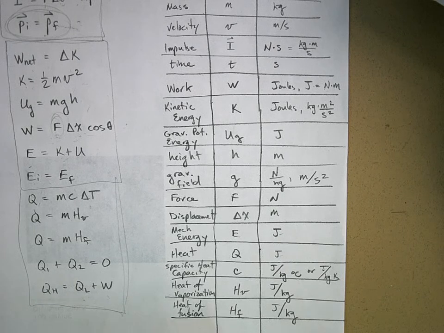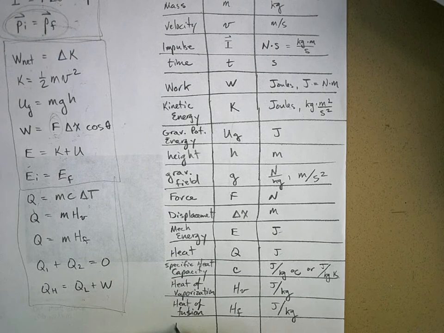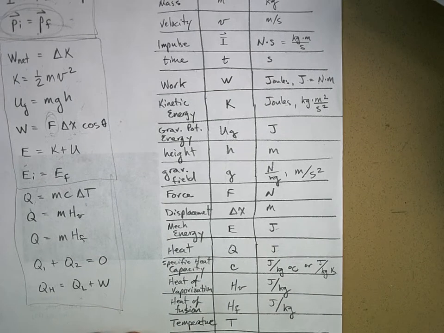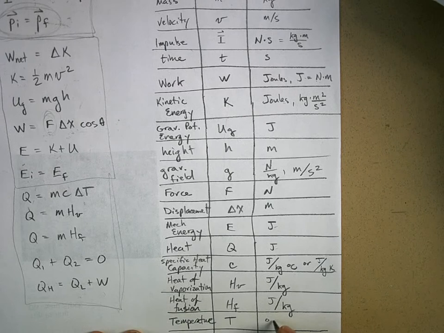I didn't put T on here. I'll put T. Temperature. And temperature is measured in degrees Celsius or kelvins. I'm not going to give you any problems with Fahrenheit on it.